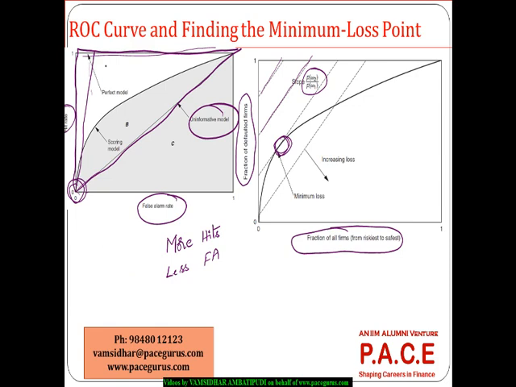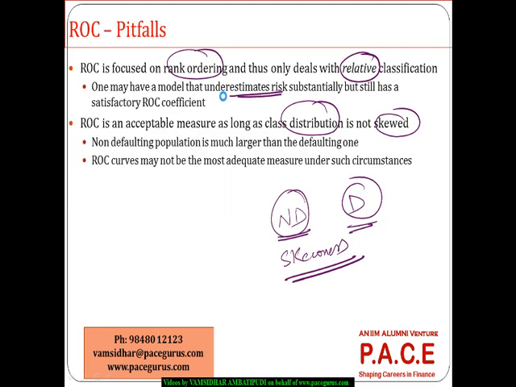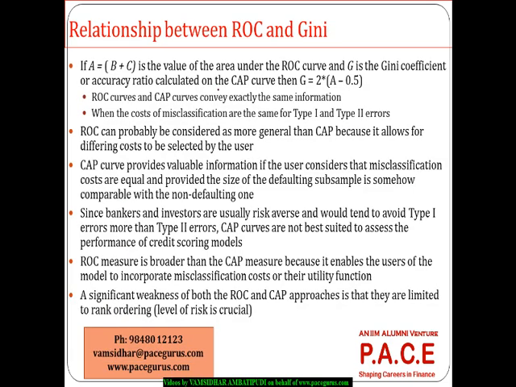Here, if I am looking at B and C, which has more to do with the false alarm and the model, and I am calling the summation of that as A, and here I am looking at E and F, what we typically say is, if A is B plus C, which is the area under the ROC curve, then the Gini coefficient or the accuracy ratio, as per the earlier formula, F by E plus F, we always get an equality saying G is nothing but 2 times A minus 0.5.